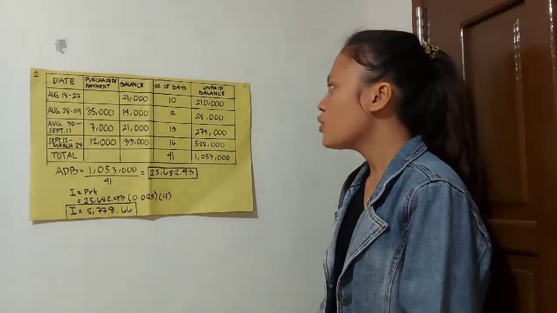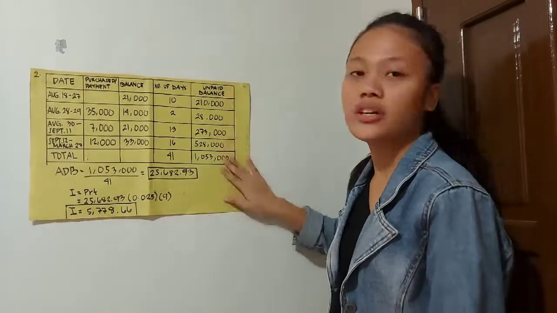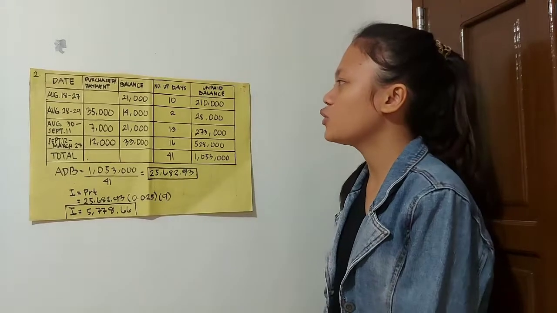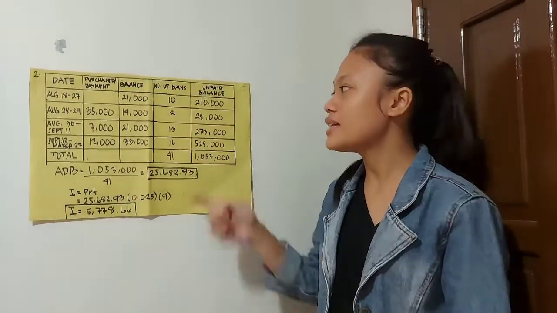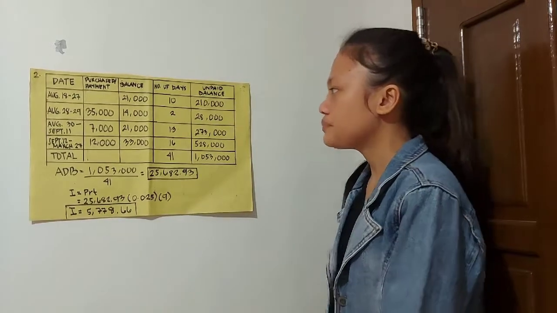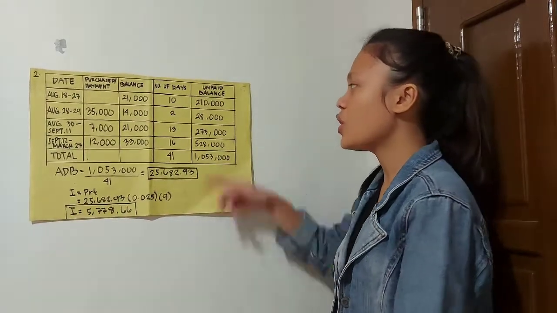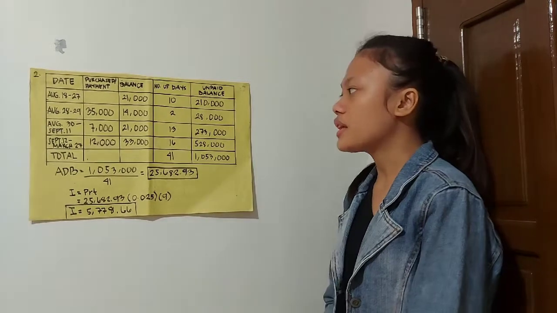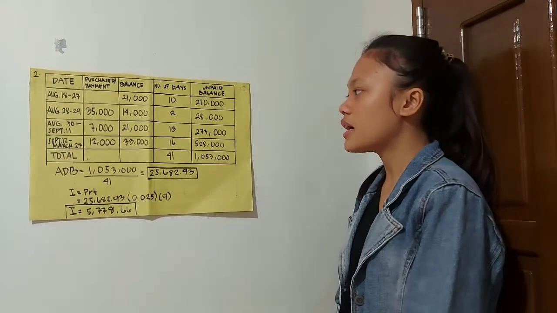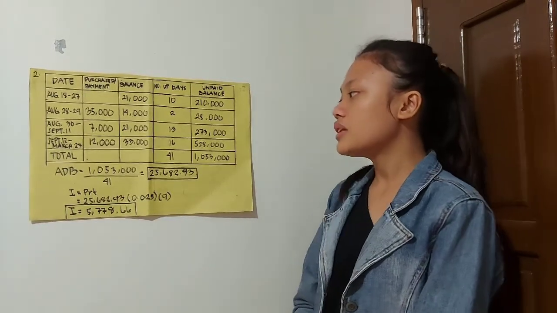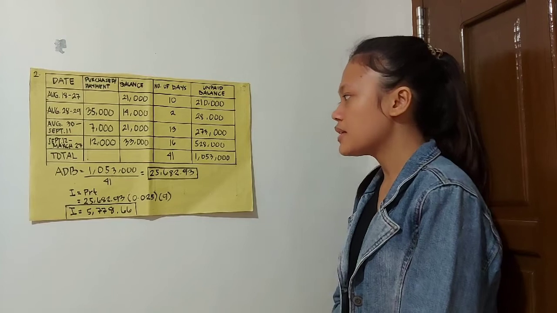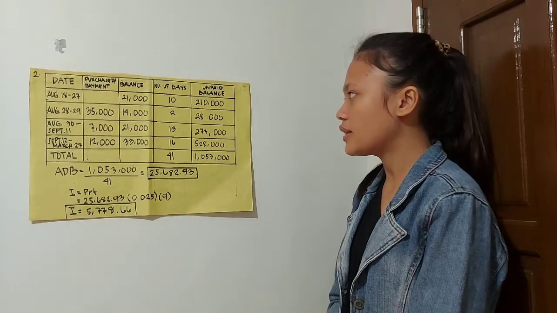So right now, to get the numbers in the unpaid balance, we need to multiply the balance by its number of days. So 21,000 times 10 is equal to 210,000. 14,000 times 2 is equal to 28,000. 21,000 times 13 is equal to 273,000. 33,000 times 16 is equal to 528,000.